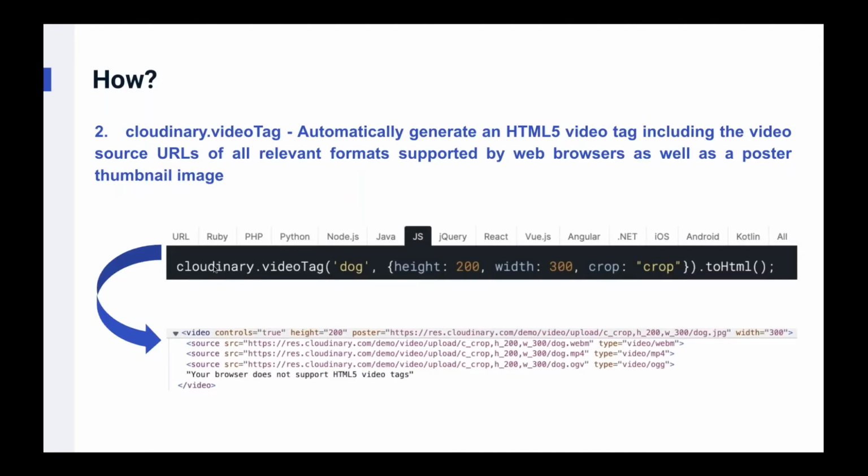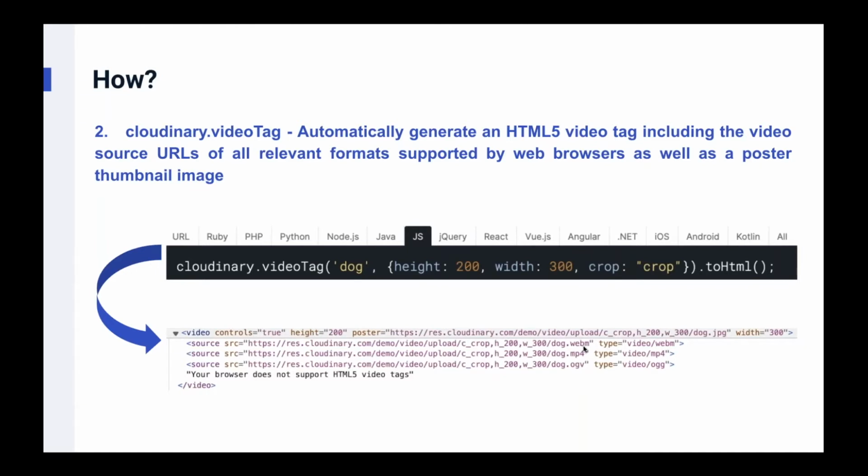For the video tag, Cloudinary.video, you would pass in the public ID along with the transformations, and this would create a structure like this on the web page. It would have a video tag along with all the formats for different browsers.